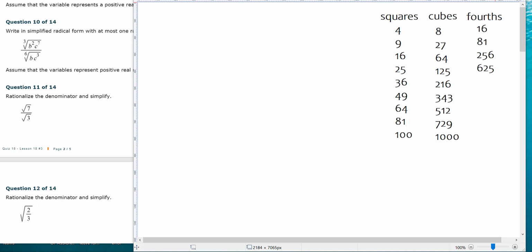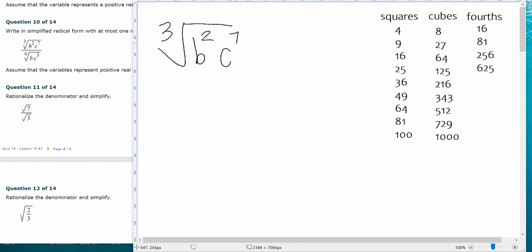Number 10, the cube root of b squared c to the 7th over the 6th root of b c to the 3rd. Now I'm going to have to go to fractions on this one as well, because the indexes on those radicals don't match.